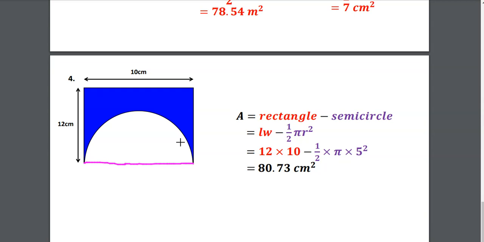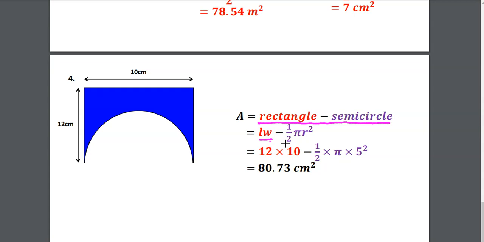So we need to find the area of the original rectangle minus the area of the semicircle that was cut out with a pair of scissors and tossed away into the rubbish bin. So that's why I have written rectangle minus semicircle will give us the area. What is the formula for a rectangle? Length times width. What is the formula for a semicircle?